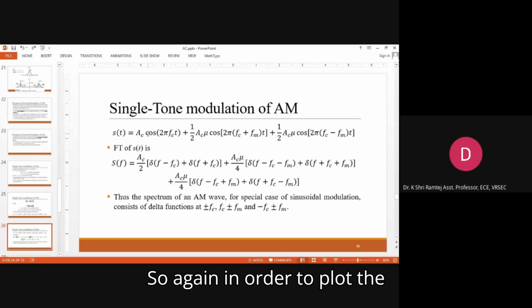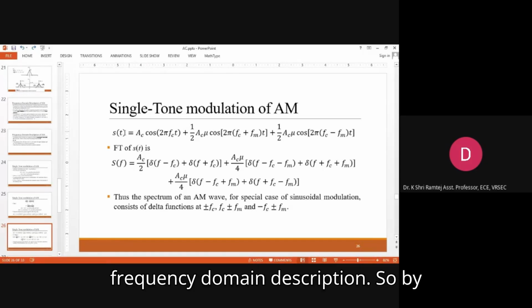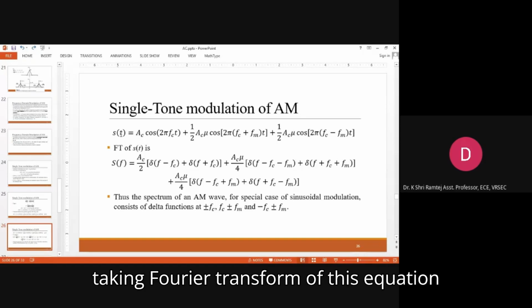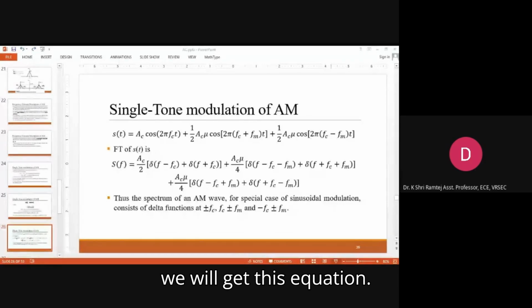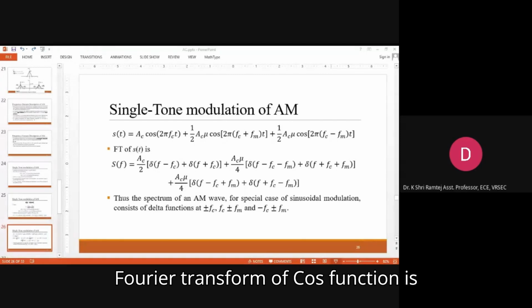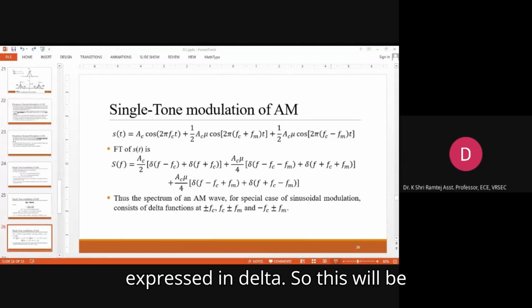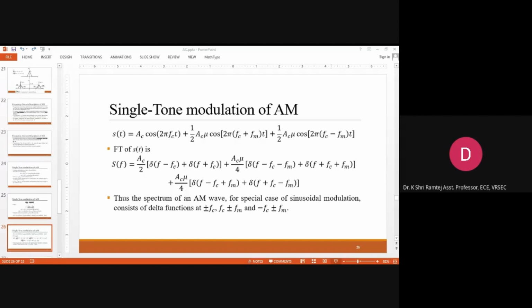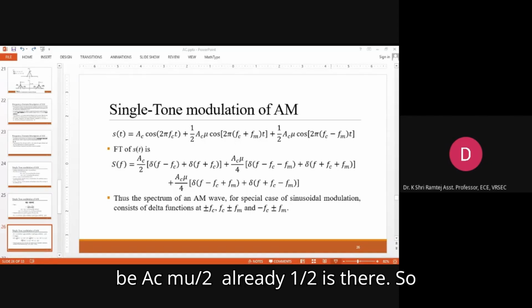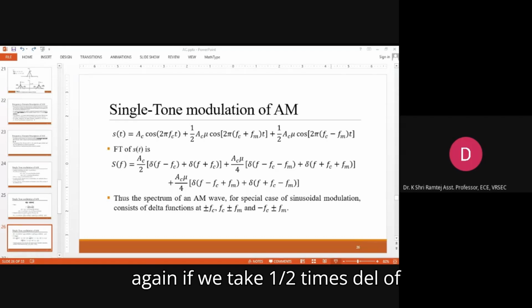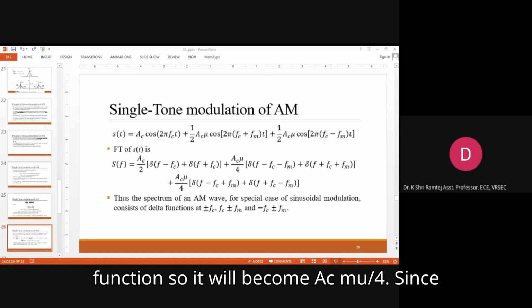Again, in order to plot the frequency domain description, by taking the Fourier transform of this equation, we'll get this equation. As we know, the Fourier transform of a cos function is expressed in delta. So this will be AC by 2 into del of (f minus fc) plus del of (f plus fc). Coming to the second term, it will be AC mu by 2, and already 1 by 2 is there, so with the 1 by 2 times the delta function it becomes AC mu by 4.